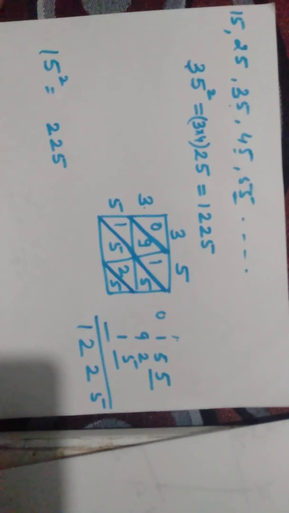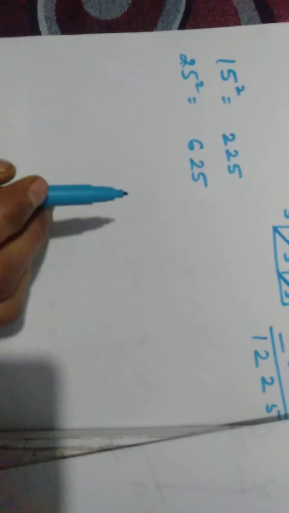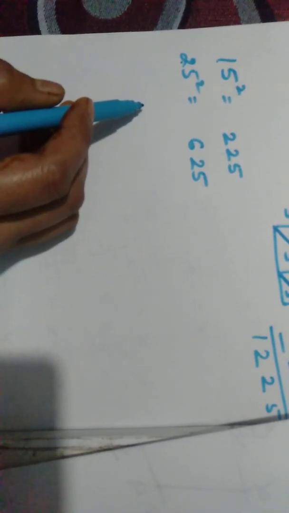So 225. For 25 square, the last two digits are 25, and 2, the successor of 2 is 3, 2 into 3 is 6. So 625. You can find it this way for any number, whether 2 digit, 3 digit, 4 digit.